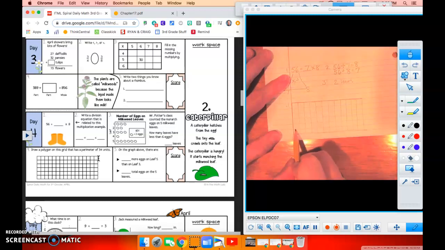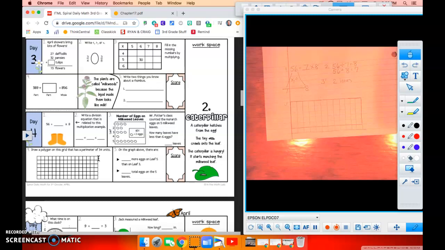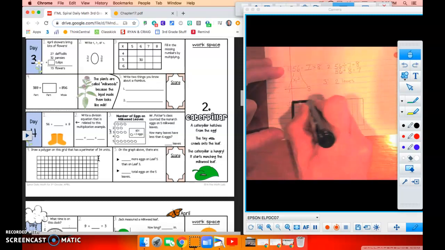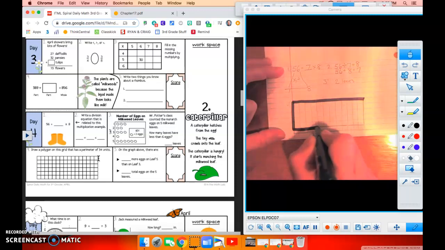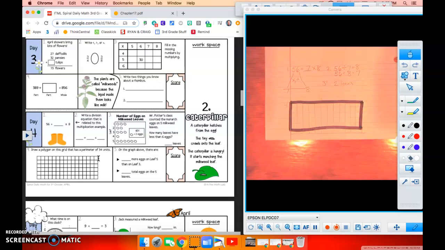Okay? I'm going to draw my line over again. Go down. I'm going to draw my thicker line with the black marker. Get that all the way across there. All right.